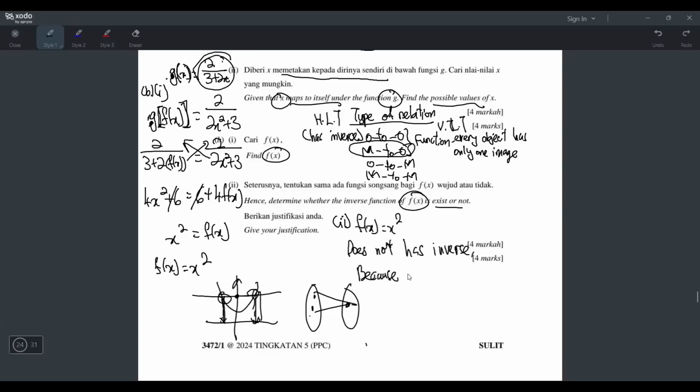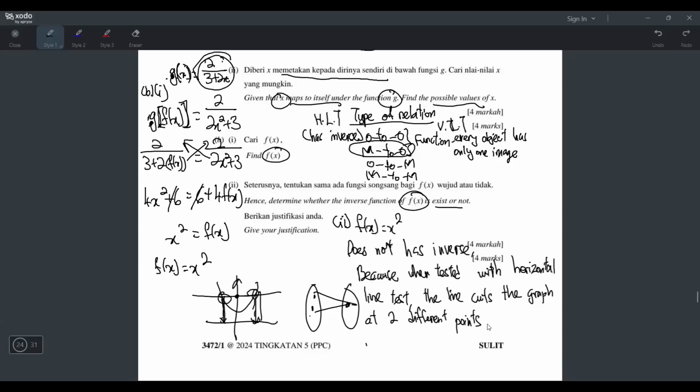You can also say because when tested with the horizontal line test, the line cuts the graph at two different points.